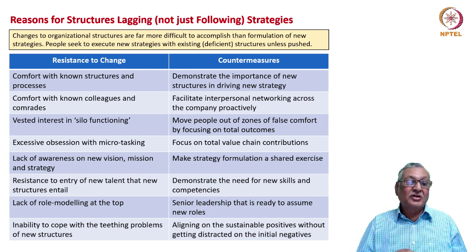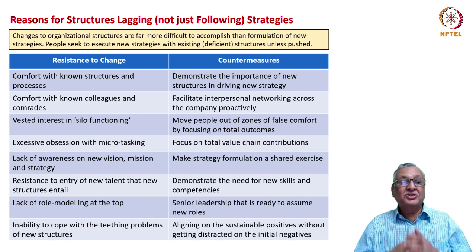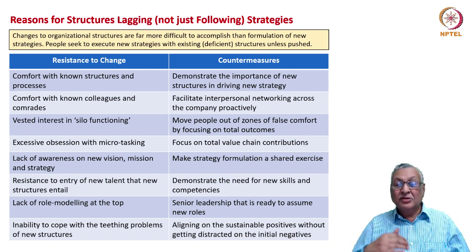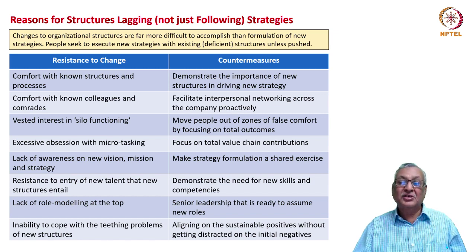Resistance to change also is governed by people failing to see the big picture. They have excessive obsession with microtasking. Therefore, they do not look at what's happening over the big canvas. To obviate this, we have to make strategy formulation a shared exercise. This is one theme that comes up through this strategy lecture, that strategy is not one person's job. It is the organization's job.